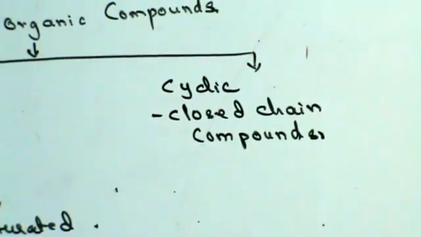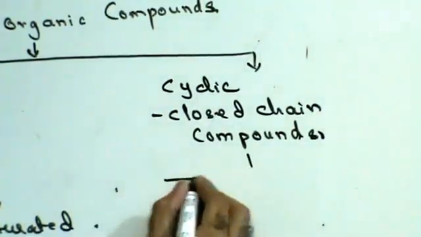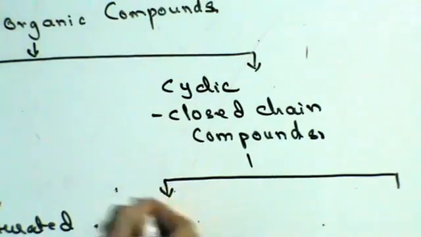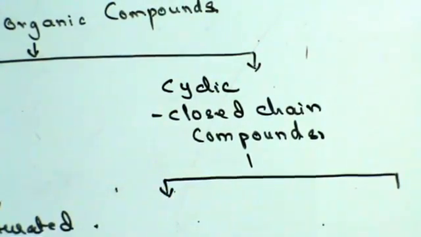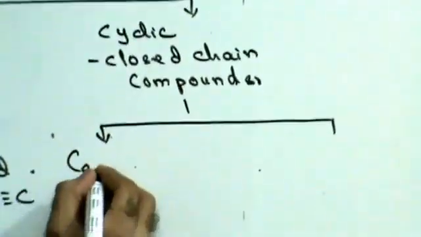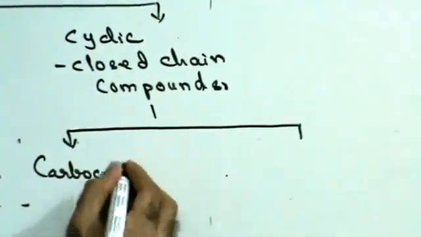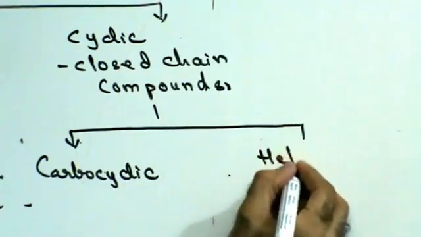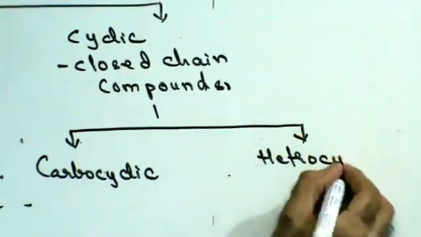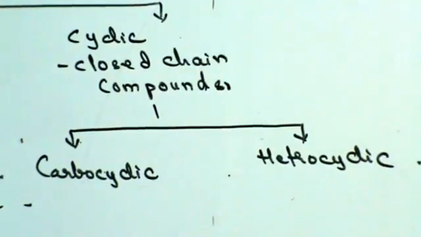Now, cyclic compounds are further classified into two: carbocyclic and heterocyclic. Right? Carbocyclic are also called homocyclic.